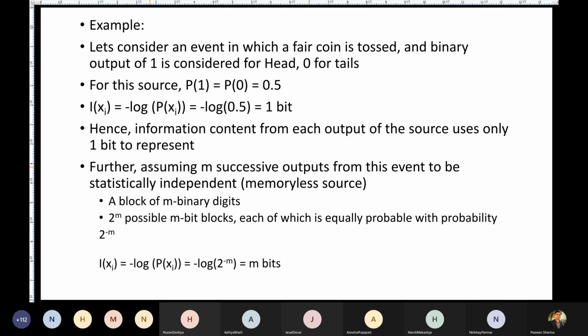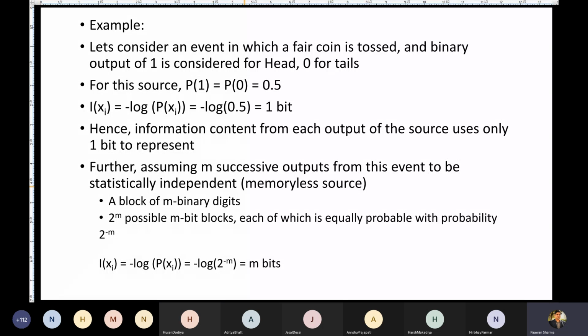Now, further, if you make some changes to this event, assuming you have m successive outputs from this event, meaning m successive tossings of the coin that are statistically independent, meaning the toss you just made will not control the next toss you are going to do. The next toss, the current toss and the future tosses are all independent. There is no dependence, right?